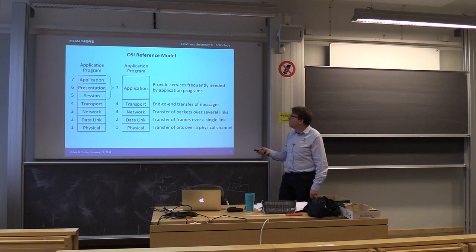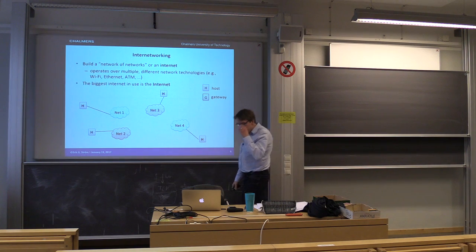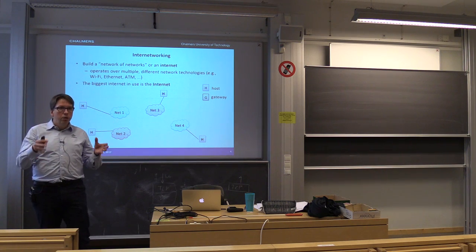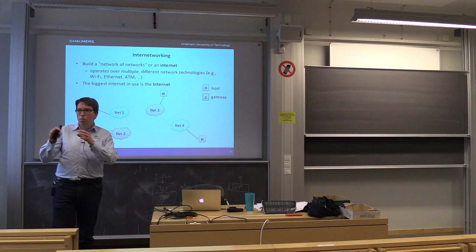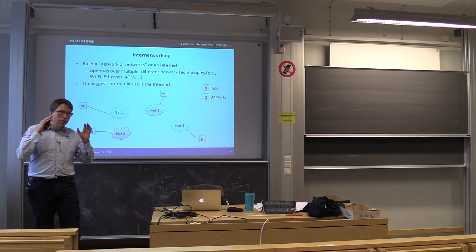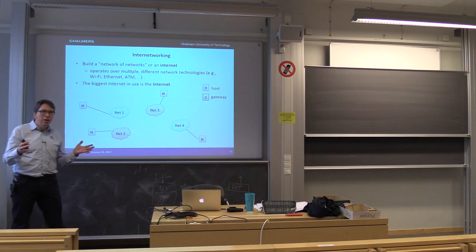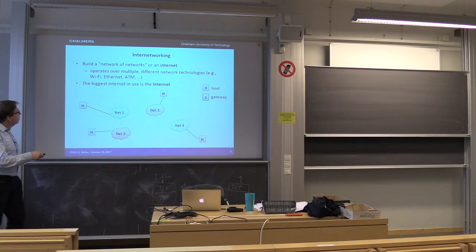Okay. Internetworking then. There are several network technologies like Ethernet, Wi-Fi, cellular, LTE, 3G, you name it. Many different types of networks. Sometimes a host is connected to one network but would like to communicate with a host on another network.